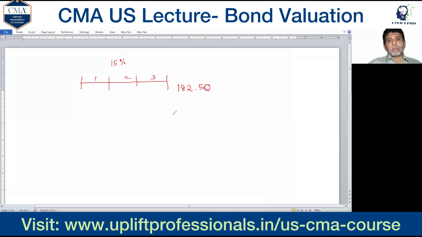That means after 3 years, you're going to get 182.50, and the bank is giving you 15%. So look at it this way: you want 182.50 after 3 years when the bank is giving you 15% interest. How much will you put in the bank now? In other words, what is going to be your present value?